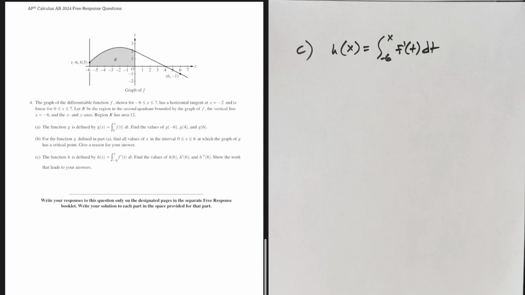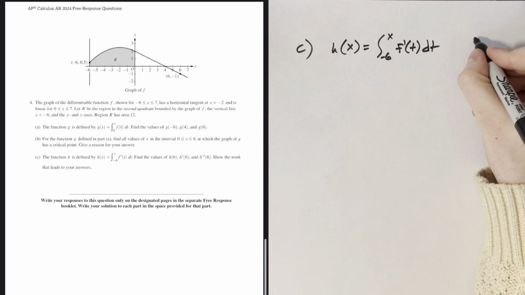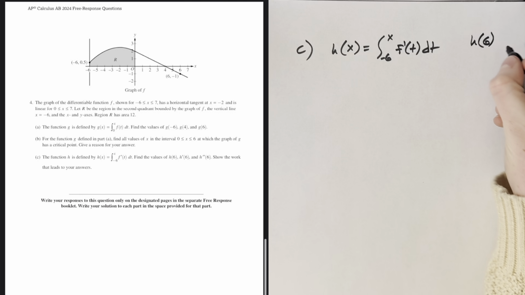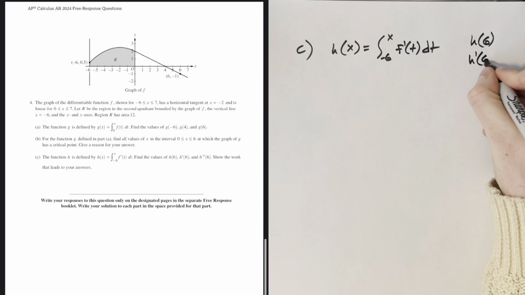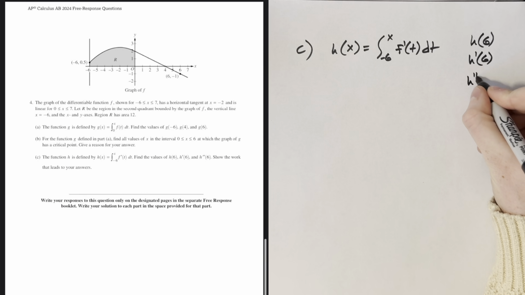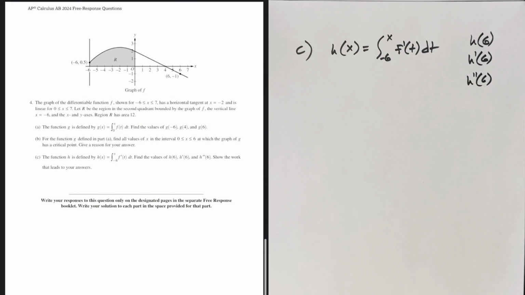It asks us to find the values of h of 6, h prime of 6, and h double prime of 6, and show the work that leads to our answers. Great thing is we always show our work, so it'll be free.